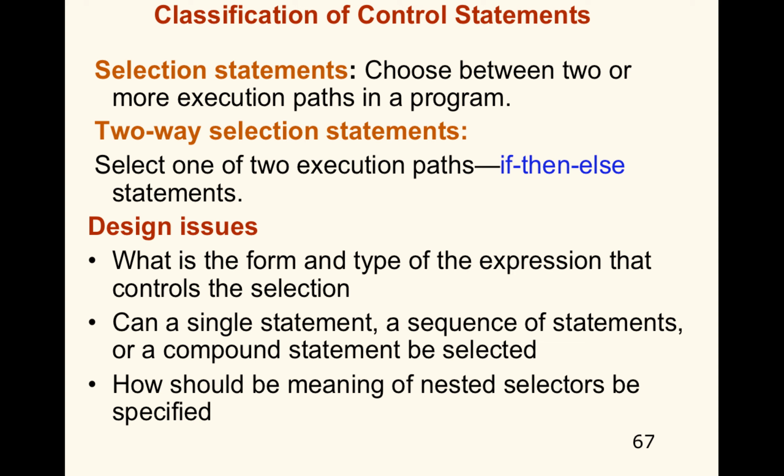So, design issues. Now remember, these are not bad things, they are considerations, things you need to think about if you're going to implement the concept of a control statement. What's the form and the type of the expression that controls the selection? In C, C++, and Java, to answer the question with an example from a language, this would be a Boolean expression. So anything that equates to true or false, or the word true or false actually works.